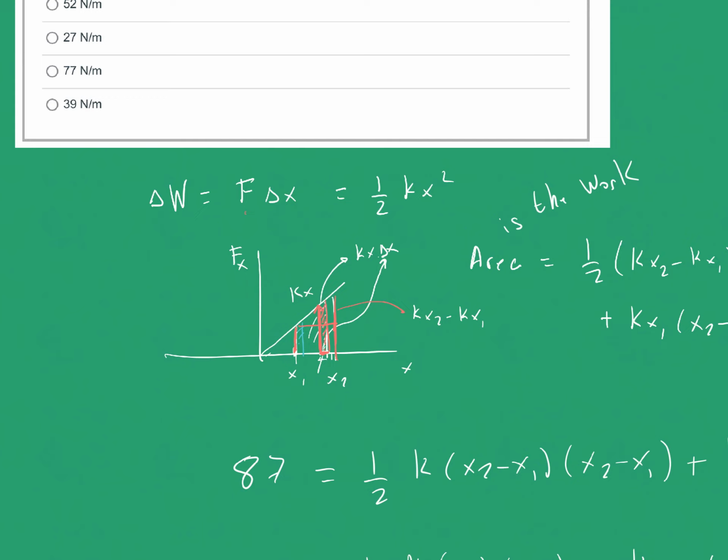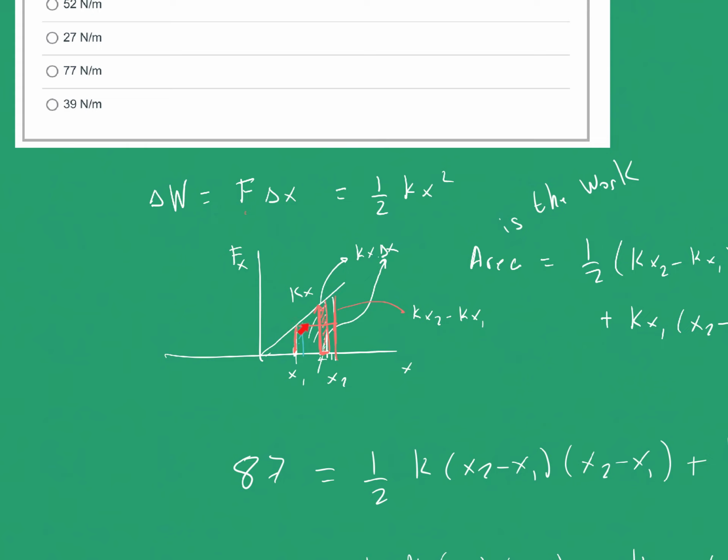So the work is 87 joules. And what is the work? The work is the area that is behind the curve. And what is this area? So I have to find the area of this triangle and the area of the rectangle.